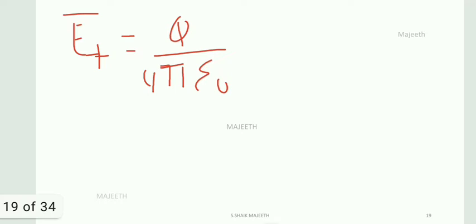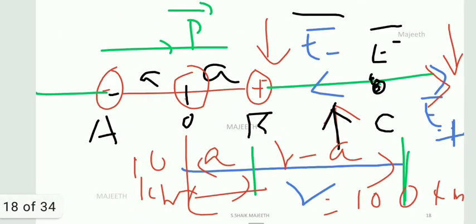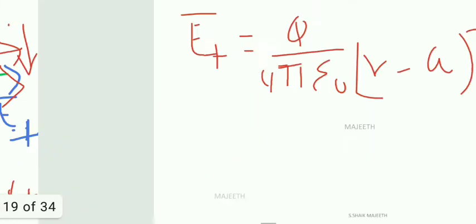So Q by 4 pi epsilon naught R squared. Instead of R squared, I have to substitute R minus A whole squared. Where will be the electric field? The electric field lies along this direction, E plus. I told you E plus will be moving away, so it is in the direction of the P vector, because the P vector is also in the same direction.